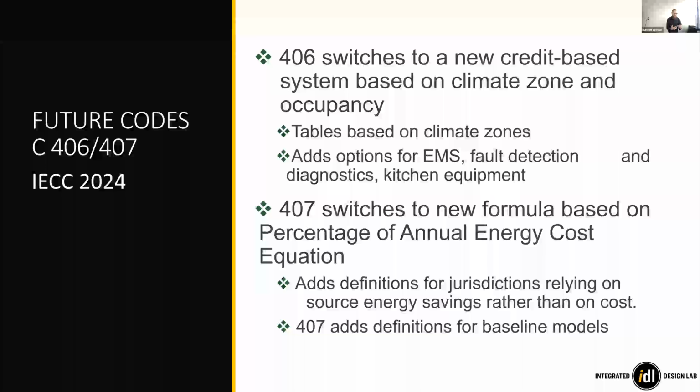They're very concerned about carbon. Not something you'd probably see in Idaho, but you do have jurisdictions out there where they're looking at source energy savings for that performance option. And so 2024 adds some extra definitions there. It also adds some definitions for the baseline model, so it updates that baseline model table.